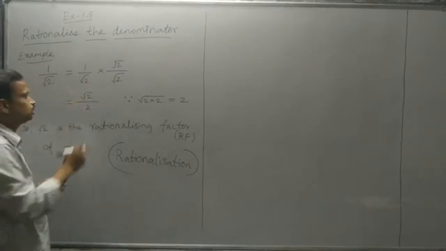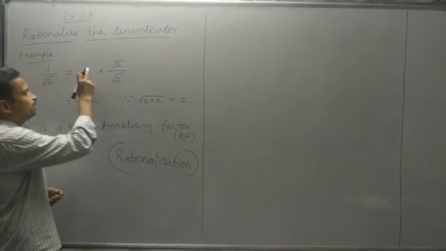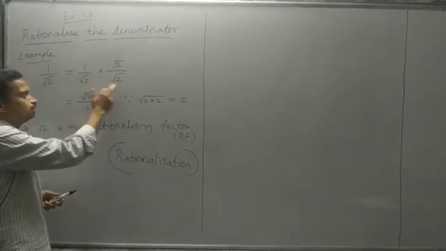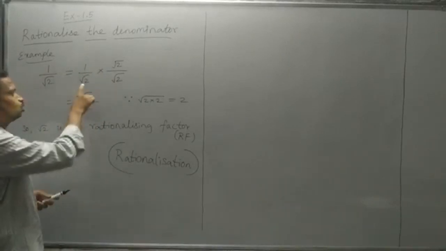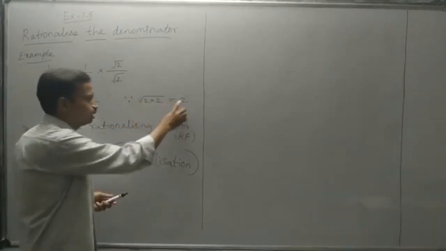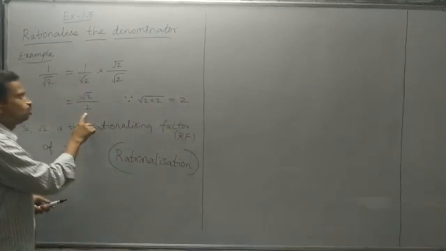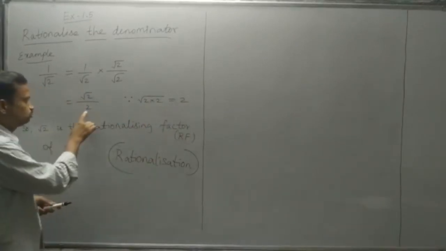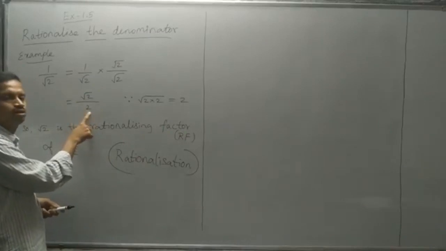And what happens next? Numerator is 1 into root 2, and the denominator is root 2 into root 2, that is root of 2 into 2, nothing but 2. So root 2 into root 2 is 2, which is rational.